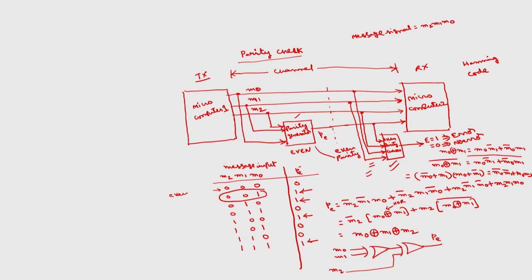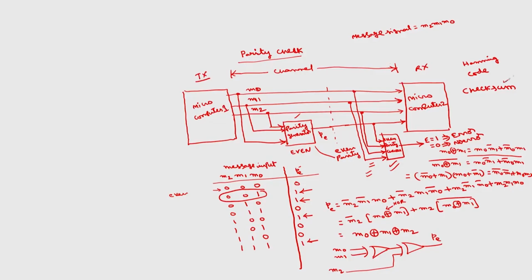This itself is an error control code. And then we have the checksum technique. In the checksum technique, we add all the bytes of the data that is to be transferred. Then we take the 2's complement of that sum and transmit it as the last byte.